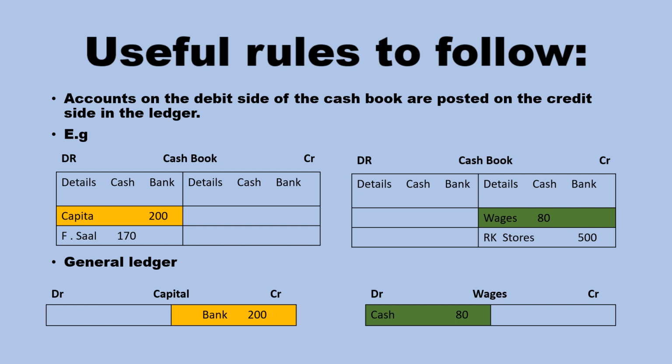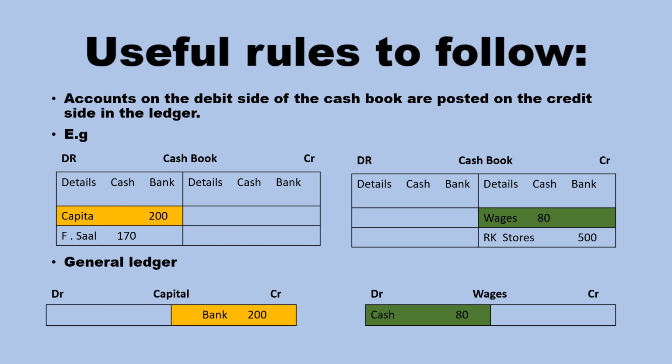So accounts that are on the debit side of the cash book, in the general ledger we must put on the credit side. For example, in this cash book we have recorded capital on the debit side, so in our general ledger this capital will be on the credit side.